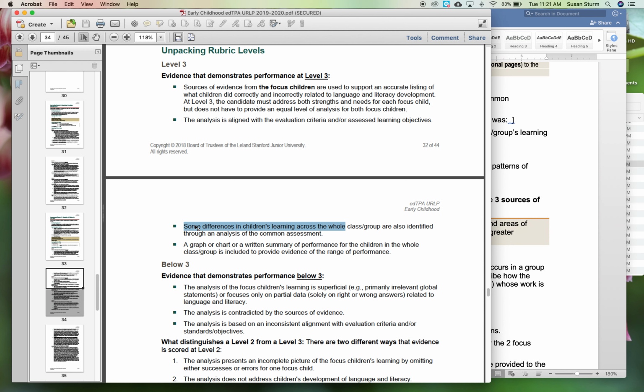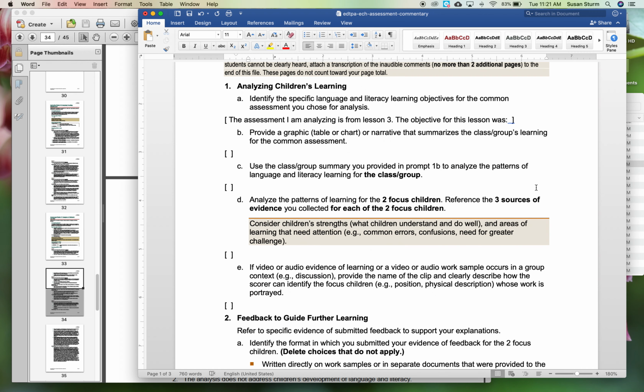So this would be like letter B that we're looking at. And then this last bullet is really for part B. A graph or a chart or a written summary of the performance of the children in the whole class is included to provide evidence of the range of performance. So these are the things that you really need to be focusing on for this question, and each one of these prompts kind of aligns to different bullets.